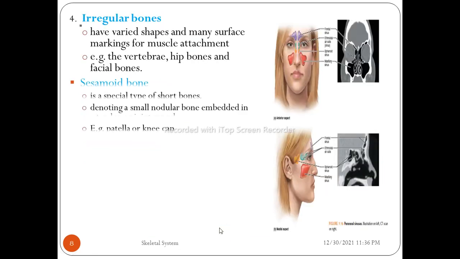The fourth one is irregular bones. These bones have a variety of shapes and many surface markings for muscle attachment. Vertebrae are irregular bones, as are hip bones and facial bones.